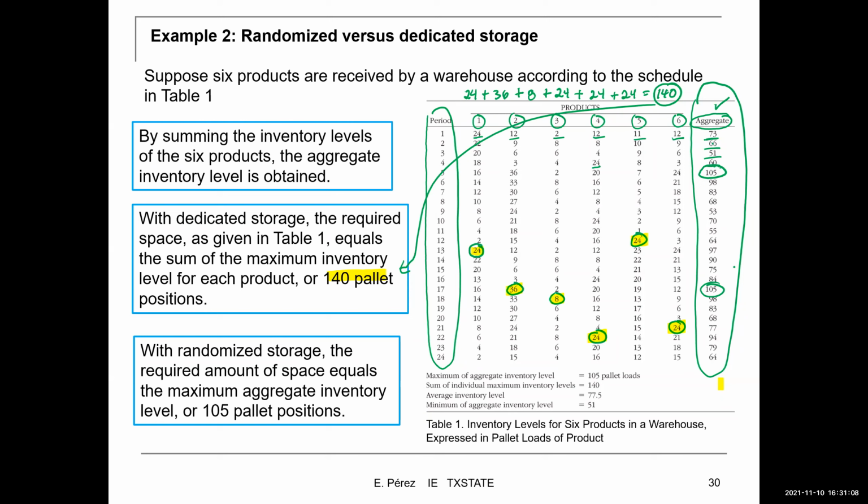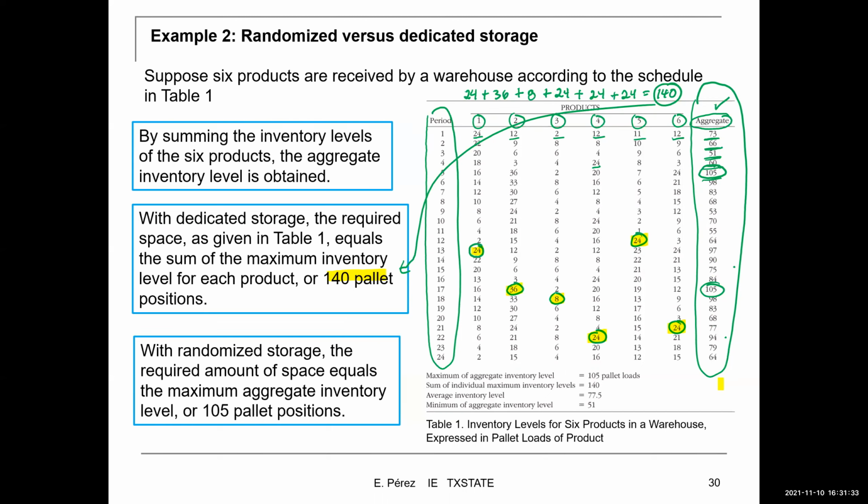In this time period, you only have 73, 66, 51, 60, 105. So this one is telling you, at this time period, I have this many items in my warehouse, 105. So I need space for 105. And then you continue searching, and there's no other time period in which you go above that.